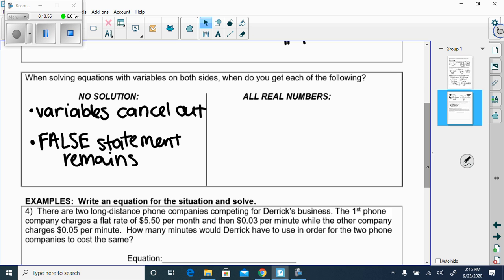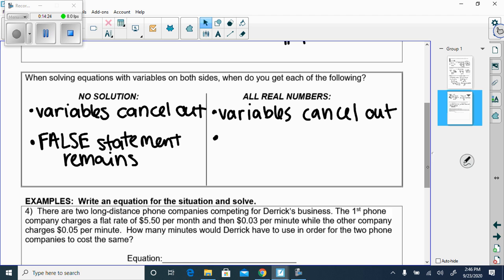So variables cancel out, and we have a false statement. What about if our answer is all real numbers? What has to happen for that? Variables cancel each other out. Okay, we'll start with that. So variables cancel out. What happened when it was all real numbers?